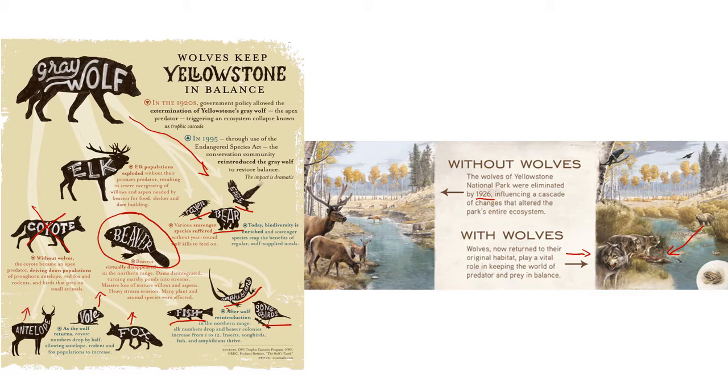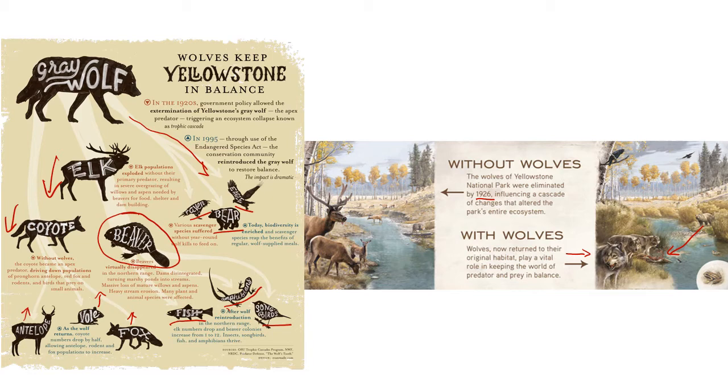So you have all of these trickle-down effects from the wolves controlling, I shouldn't say controlling the elk or the coyote, but the wolves lowering the populations of elk and coyote. They didn't really even lower the populations of the elk too much. They just kept them on the move more so, and they did lower it just a little bit, but mostly the sick, the old, the weak, and the young.